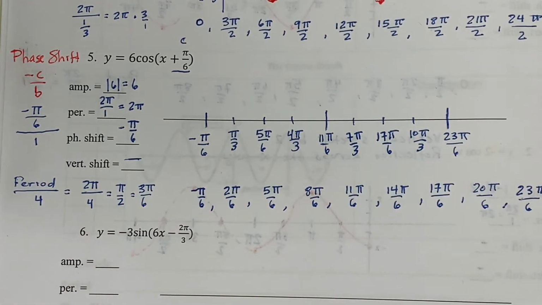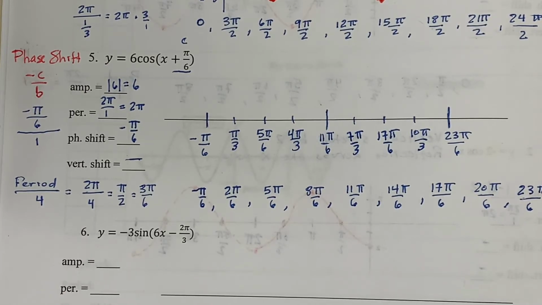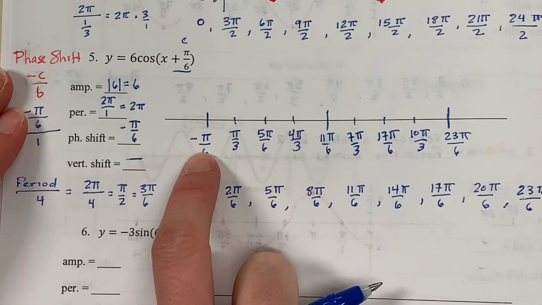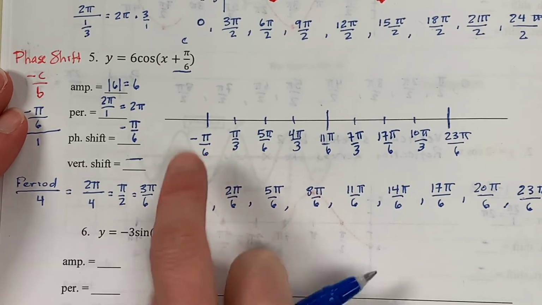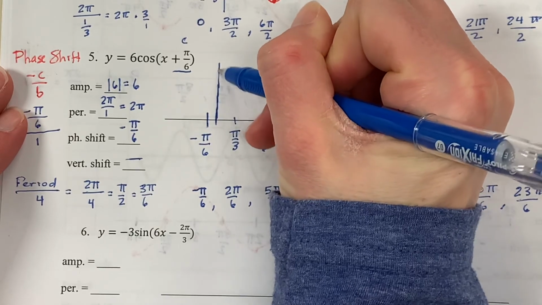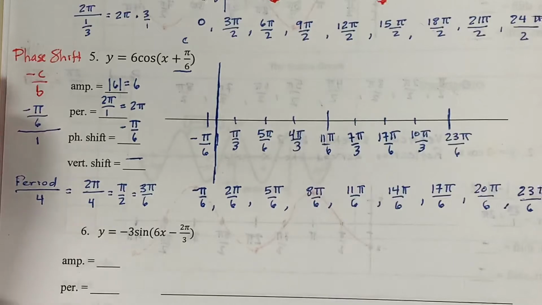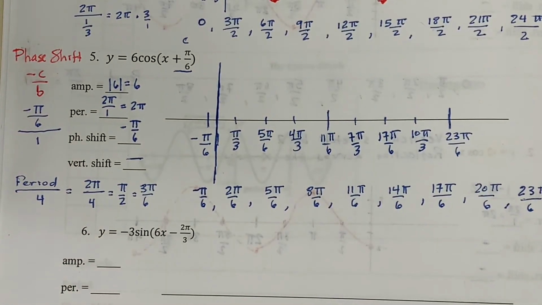Now, this time I labeled my x-axis first, and now I'm going to put in my y-axis. Remember, the y-axis falls where x is 0. And 0 falls between negative pi over 6 and pi over 3, but a little closer to negative pi over 6. So I put in the y-axis at the appropriate spot. Good, so that's the approximate location of my y-axis.